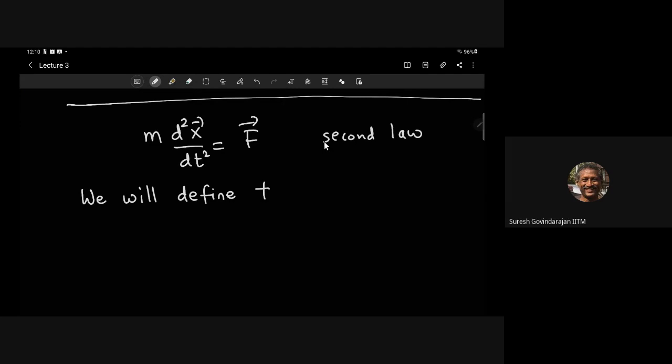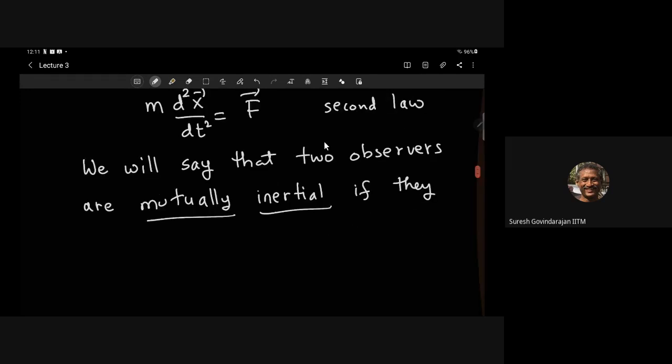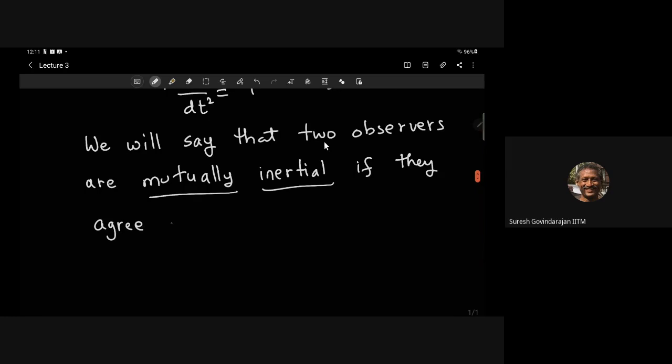Or rather, we will say that two observers are mutually inertial if they agree on forces on all particles.